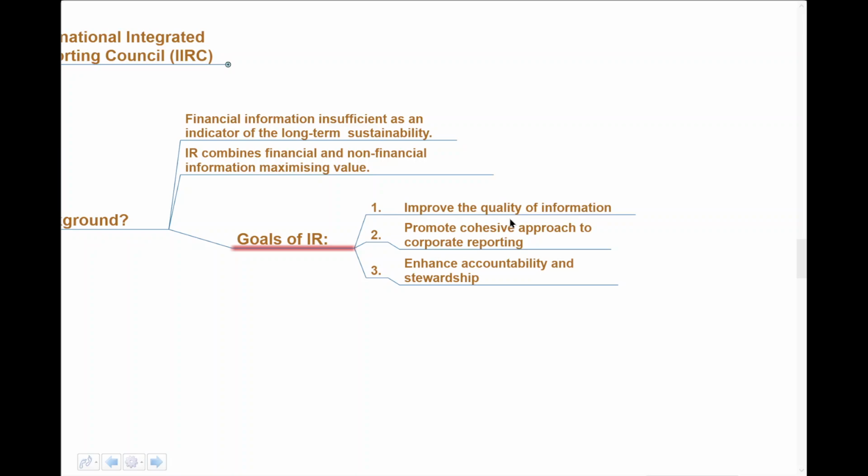Secondly, to sort of guide towards a more cohesive and measured approach to corporate reporting. And indeed to give people more confidence about the accountability of people running businesses, of directors, of managers, etc. And indeed people in that stewardship role, people who are really tasked with looking after businesses' assets for others, or for people that actually own them.